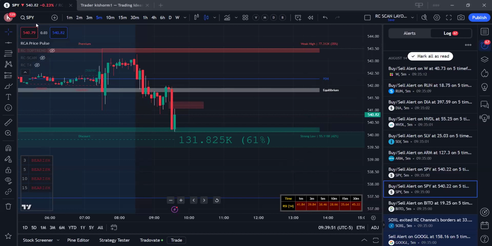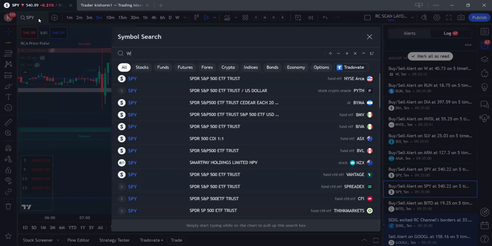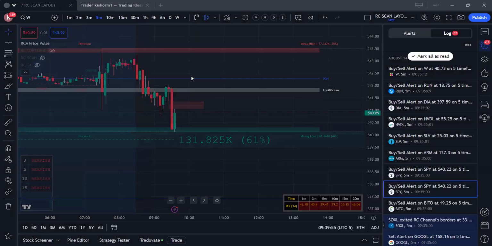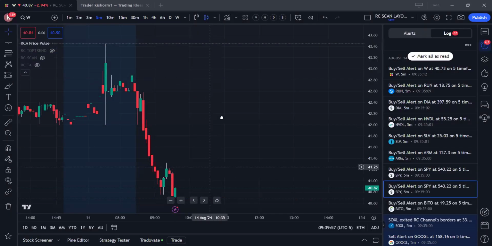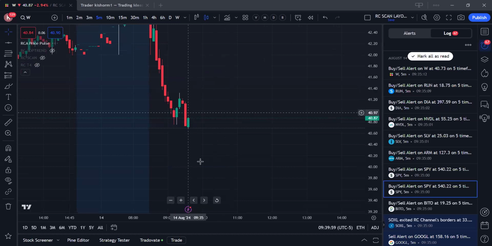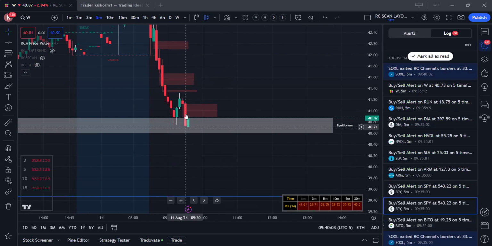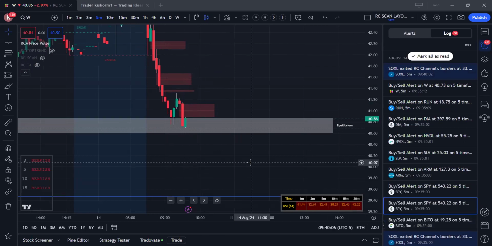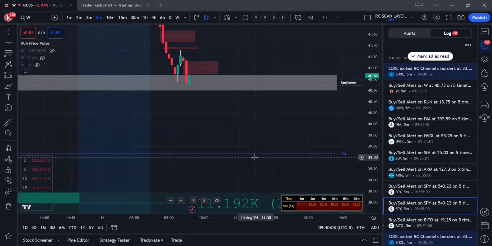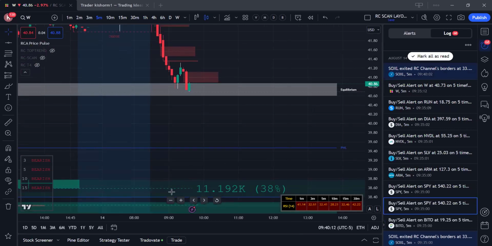So right now, Wayfair is making nice profits, another $200 plus, and it can give more profits. There is a huge sell candle. If it goes all the way down, then it can go all the way till here. Still, everything is red.